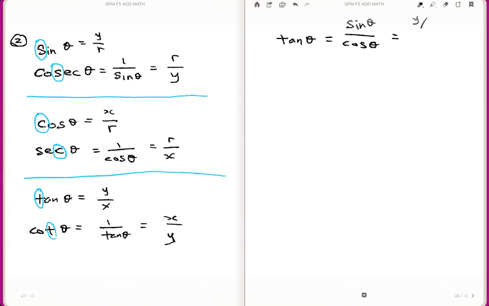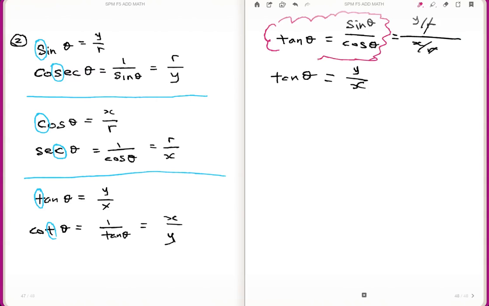Is y over r. Cos theta, x over r. Bring it up, bring it down. The r cancel off each other. Then you will get y over x, which is tangent theta. Okay? You don't need to know the proof, but tangent is sine over cos. Sine by cos is tangent theta.